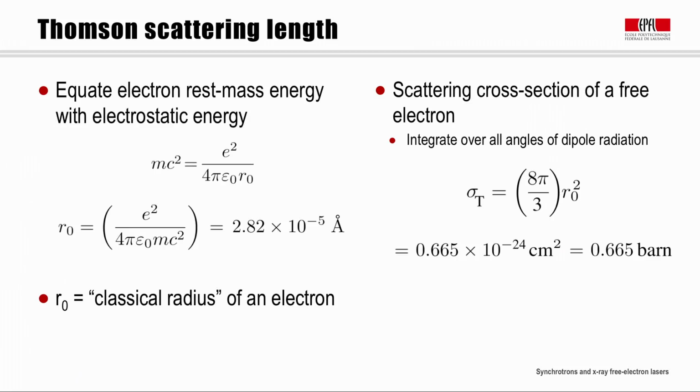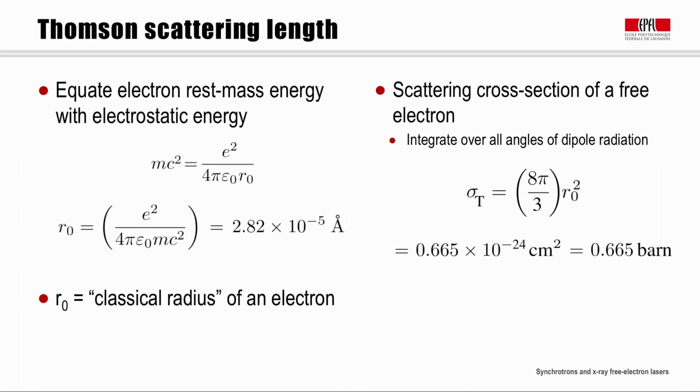How strongly incident radiation is scattered by a free electron is given by the Thomson scattering length. This is determined by equating the classical electrostatic energy of a charge e at a distance equal to r0, which is defined as the Thomson scattering length, to the rest mass energy of the electron, mc squared.